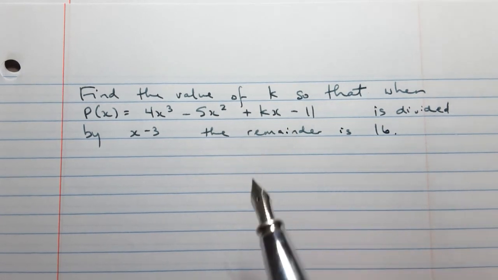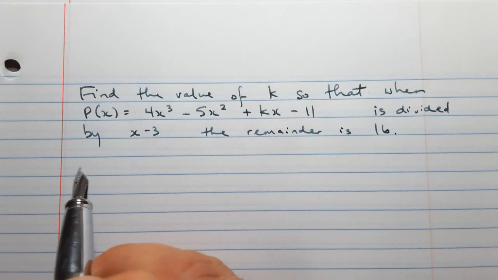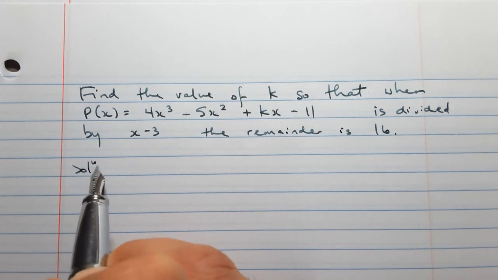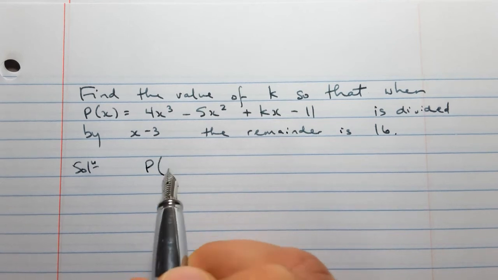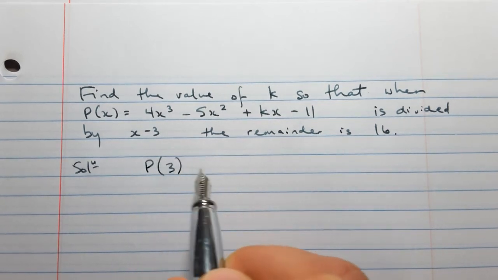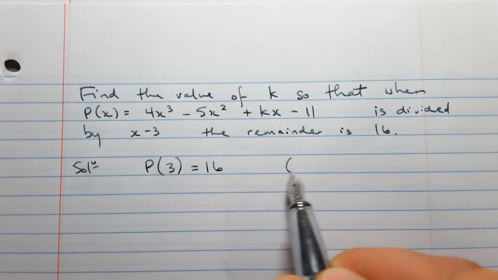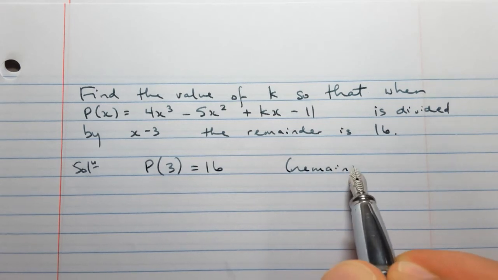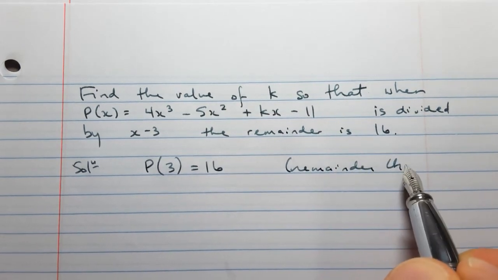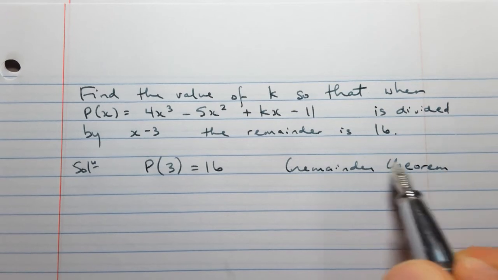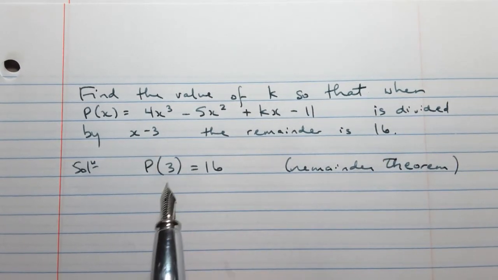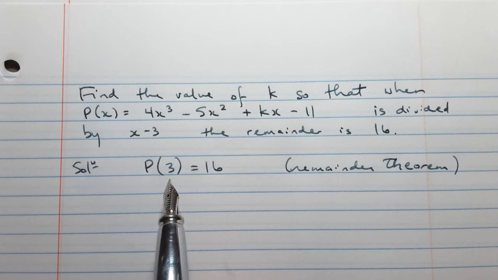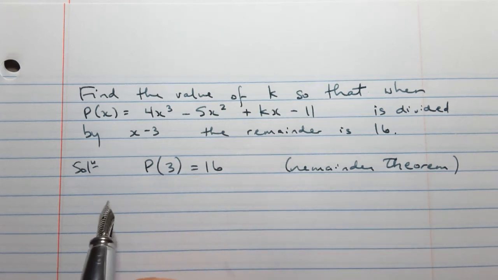So if we were just doing long division here, this would be a lot of trial and error to figure this out. But because of the remainder theorem, we know that p at positive 3 equals 16. That's what the remainder theorem tells us. I know that I want a remainder of 16, and it has to happen with this divisor, so the positive 3 is where we evaluate this function.